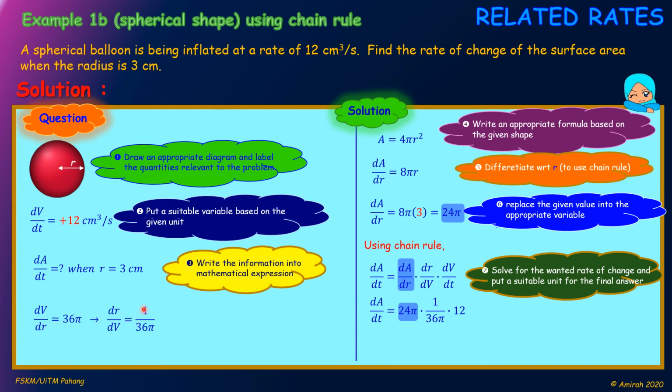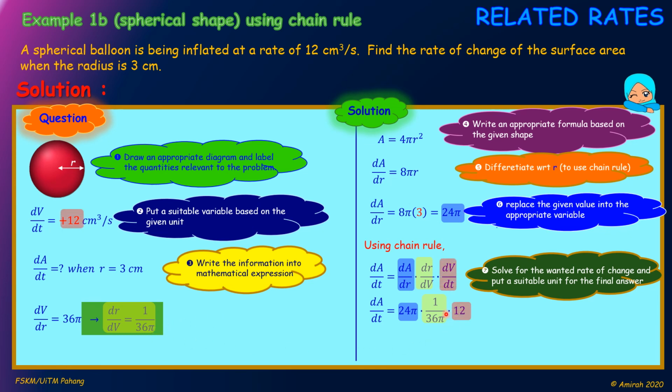So we have 1 over 36 pi for dr over dV. Why 1 over? Because actually dV over dr here equals 36 pi over 1. So when we exchange numerator and denominator, it becomes dr over dV equals 1 over 36 pi. So we can substitute it here.